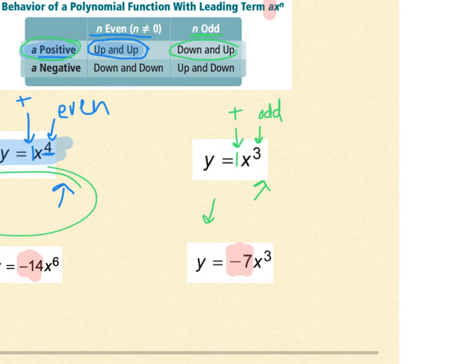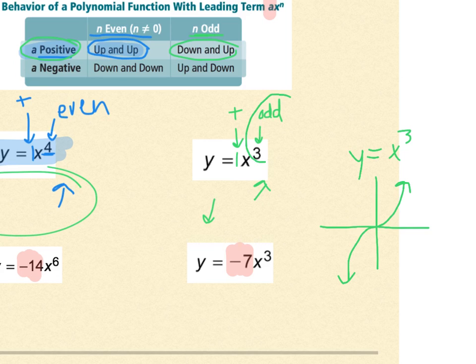So the graph of y is equal to x cubed looks like this. So any polynomial that has an odd exponent, the end behaviors are going to have these same behaviors. So they're going to go down at first, and then it'll end going up.